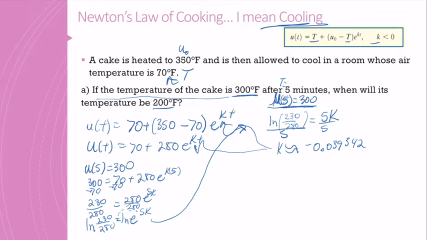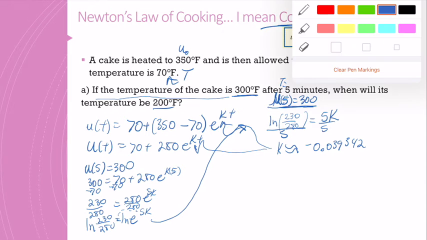So let me give everybody a second to copy this down, and then I'm going to rewrite my new equation.